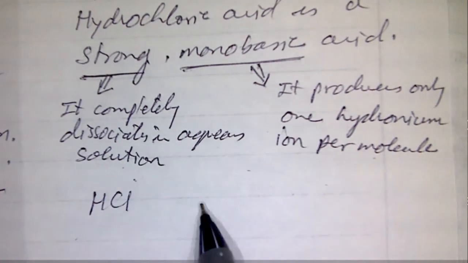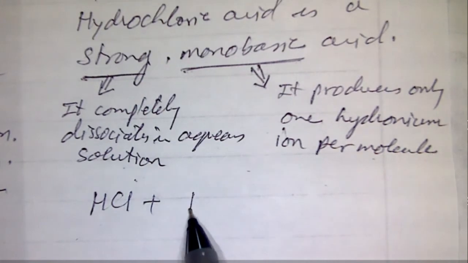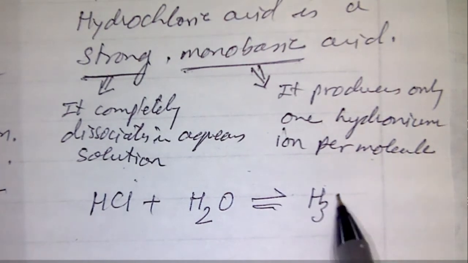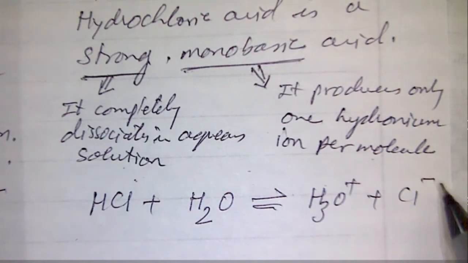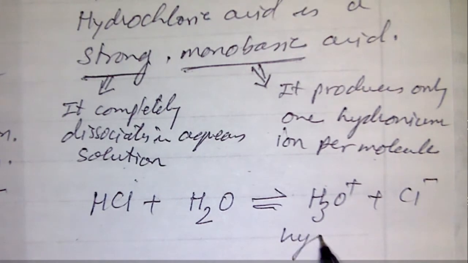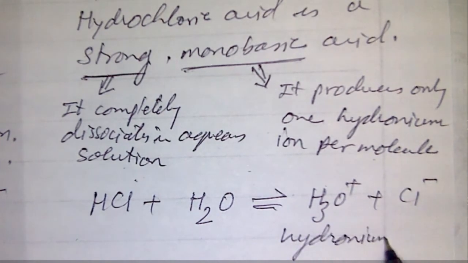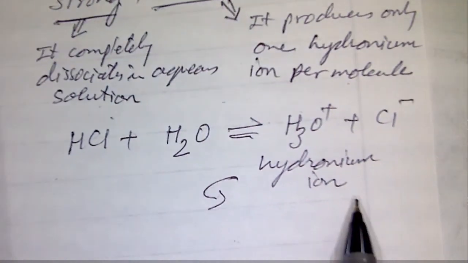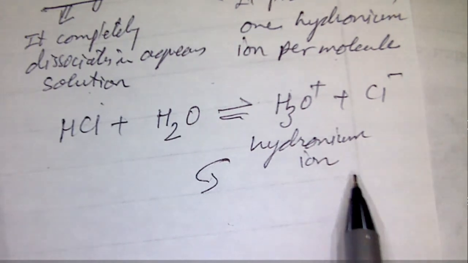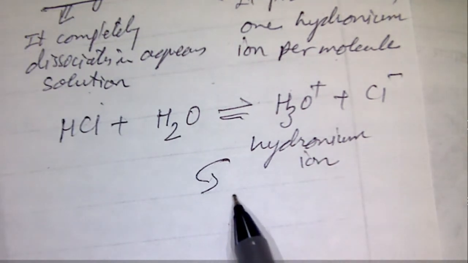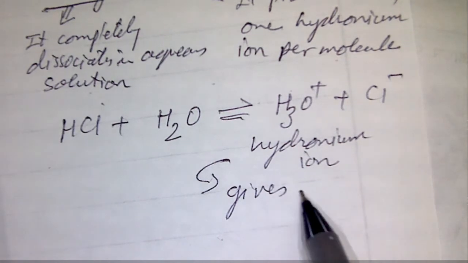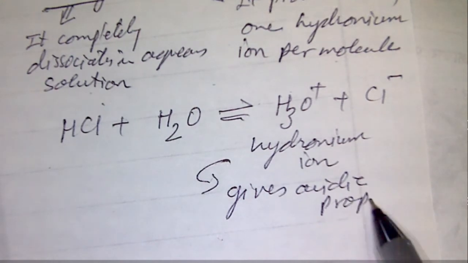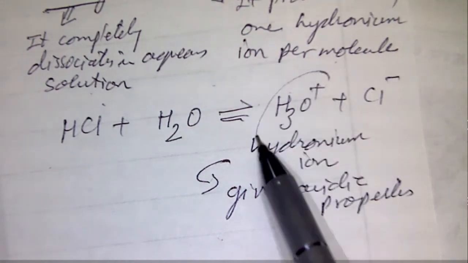So again, we'll write down this reaction only. This is the reaction that gives acidic properties. This will dissociate into H3O plus. You can see this, this is your hydronium ion, and this hydronium ion is the one that gives acidic properties. So this is the main thing.